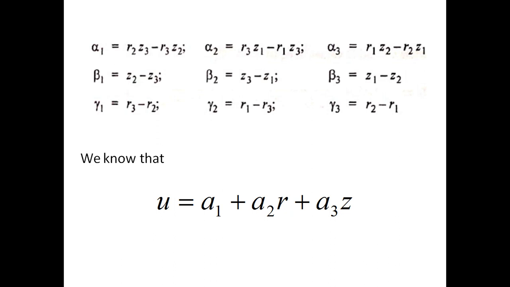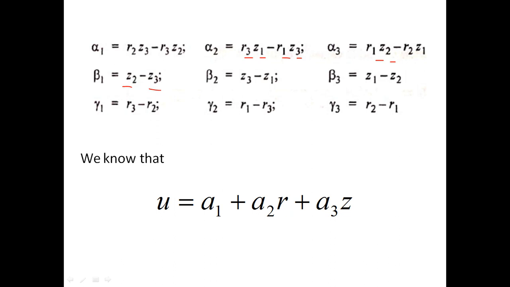Already we know that u is equal to a1 plus a2 r plus a3 z. From that we make it in matrix form. We get u is equal to 1 by 2A into 1 r z into the alpha, beta, gamma matrix, which is multiplied with u1, u2, u3. Substituting the values, we get u is equal to (alpha 1 plus beta 1 r plus gamma 1 z) by 2A, (alpha 2 plus beta 2 r plus gamma 2 z) by 2A, plus (alpha 3 plus beta 3 r plus gamma 3 z) by 2A.